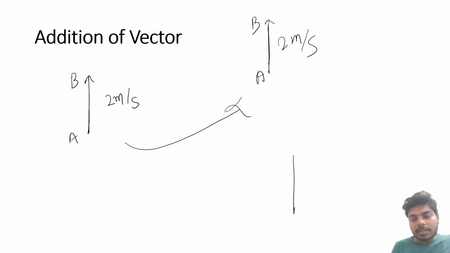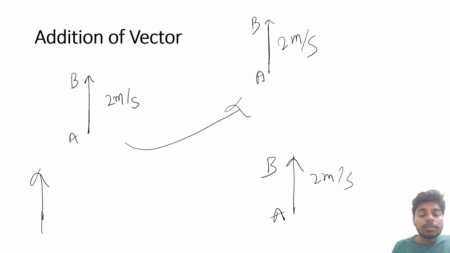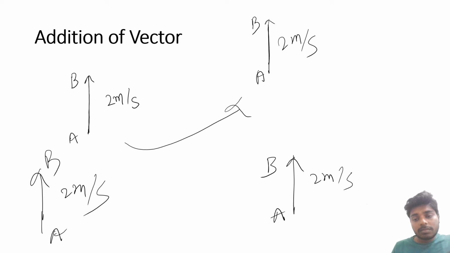If we translate this vector here, if the magnitude is the same, nothing changed, same vector. Again we can take this vector here also, AB, 2 meter per second. We can translate a vector by keeping the direction and magnitude unchanged.